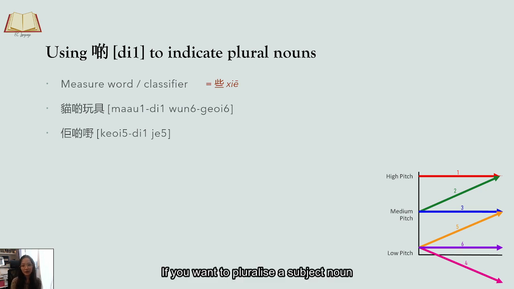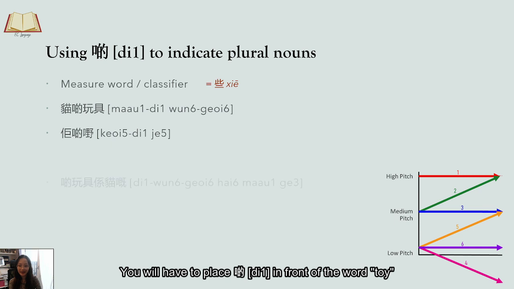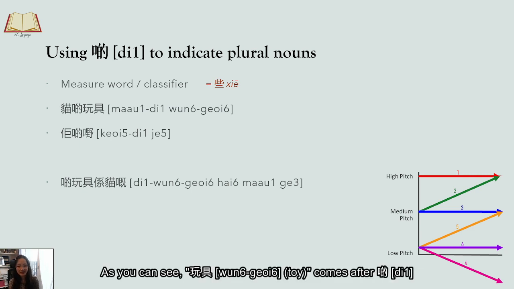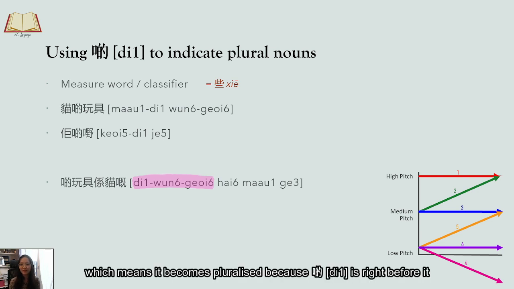If you want to pluralize a subject noun, so let's say the toy is the cat's, you have to place di in front of the word toy, like this. 啲玩具係貓嘅. The toys are the cat's. As you can see, 玩具 toy comes after di, which means that it becomes pluralized because di is right before it.